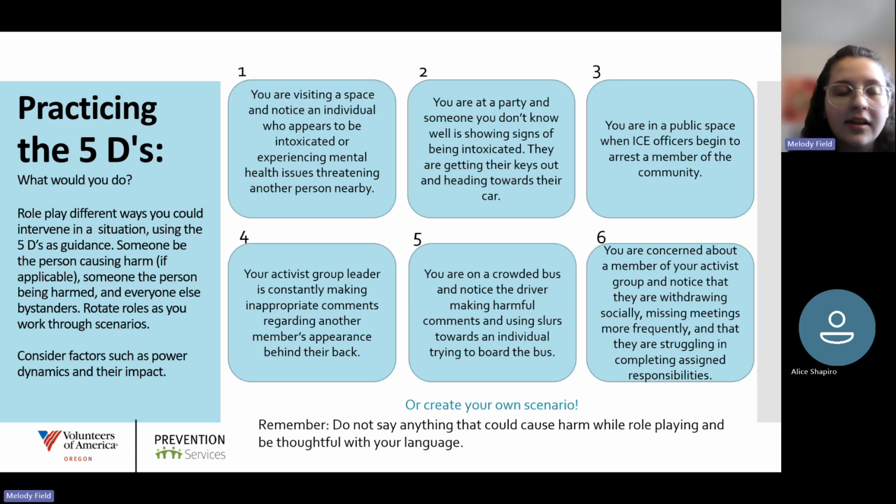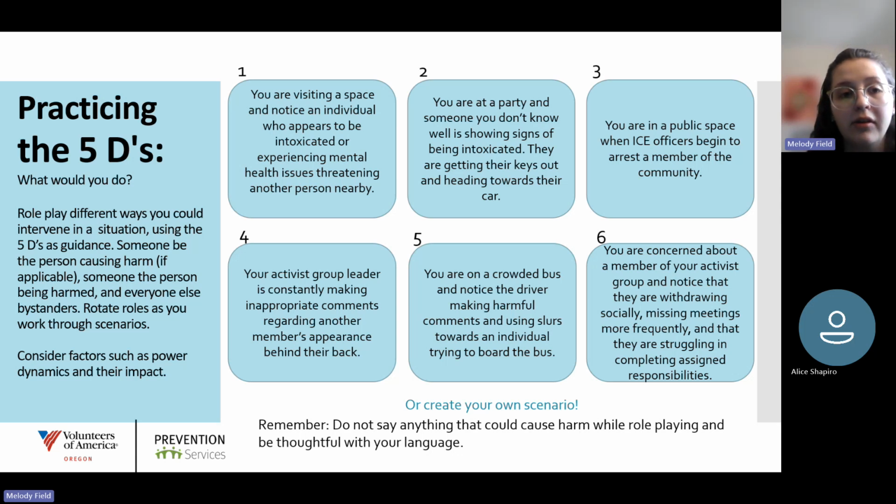Yeah, and that's great. Whether fear is there would impact the choice that you make. If taking that route would negatively impact the person that ICE is targeting, you might use one of the other ways of intervening that you had mentioned.